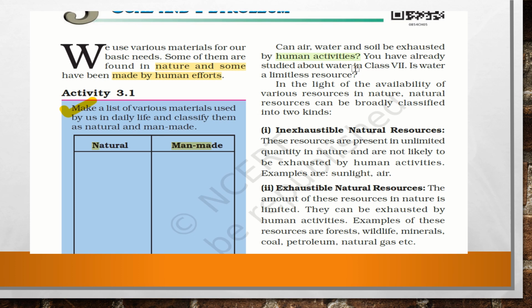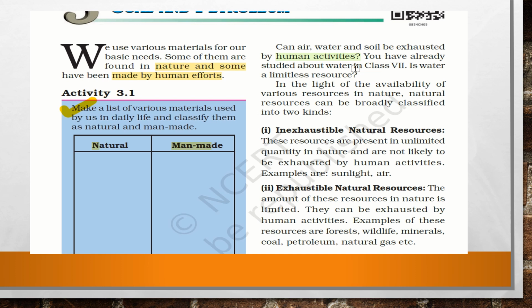There is too much consumption and too many activities by humans, and because of the human population explosion and less rain, the ground water level has come down. So though it is a natural resource, we are facing difficulties finding it.